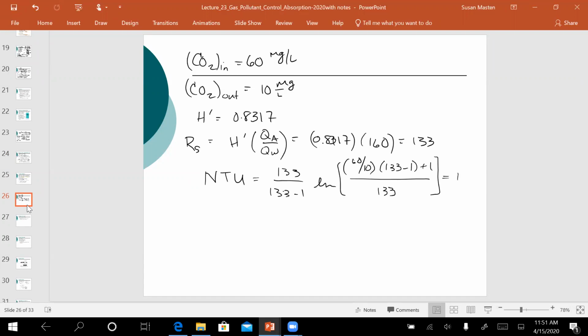And that is equal to 1.8. So the number of transfer units is 1.8. Sorry, that ratio is equal to 1.8. So R sub S over R sub S1. So it is equal to 1.8. I'm sorry, I'm just rewriting the equation. Let me just rewrite that for you.